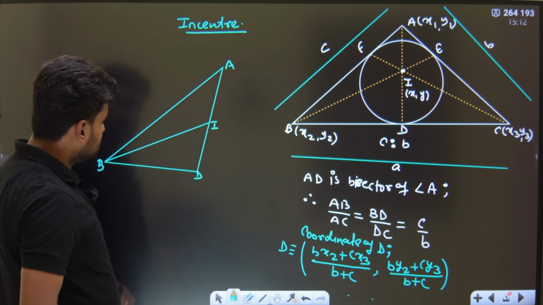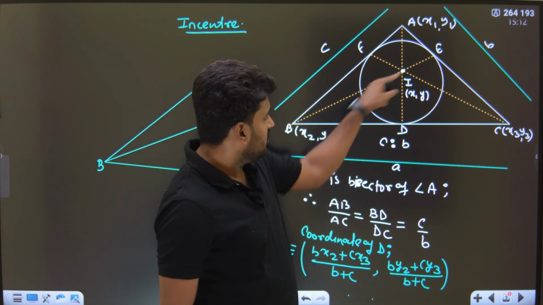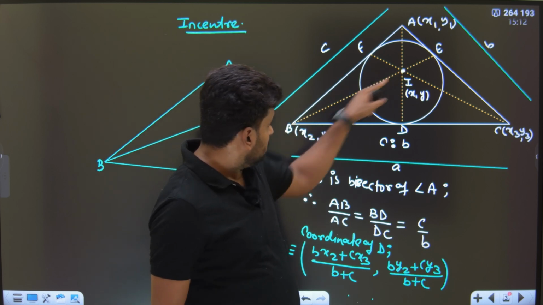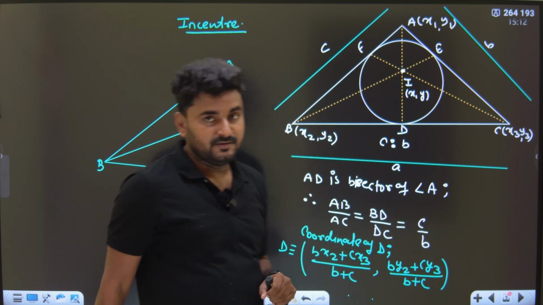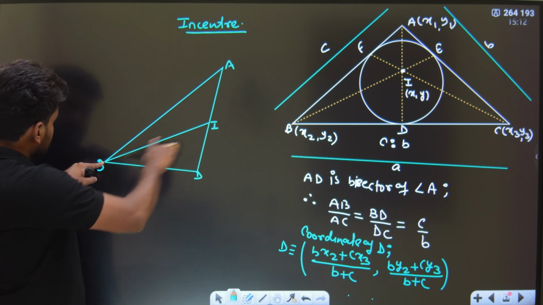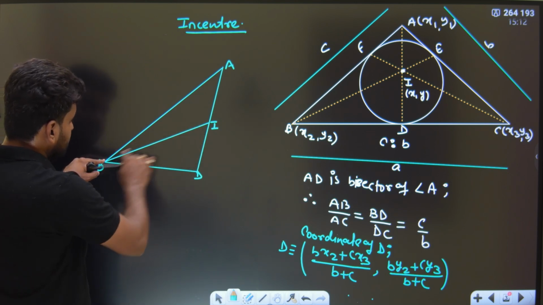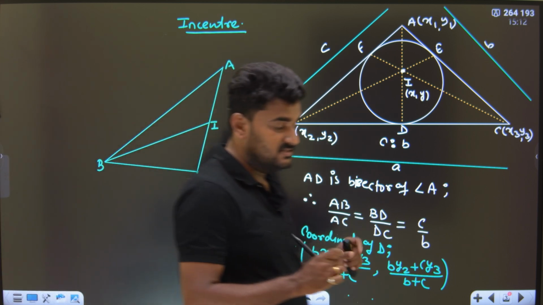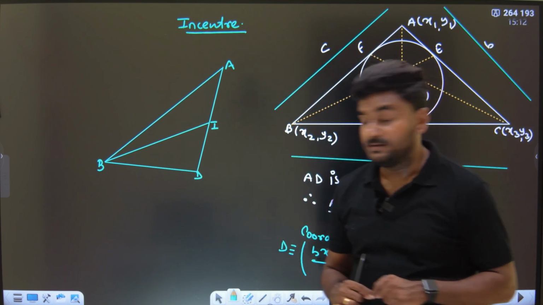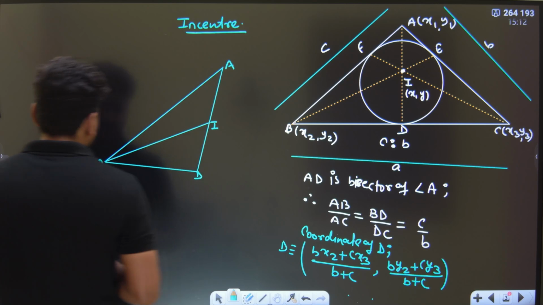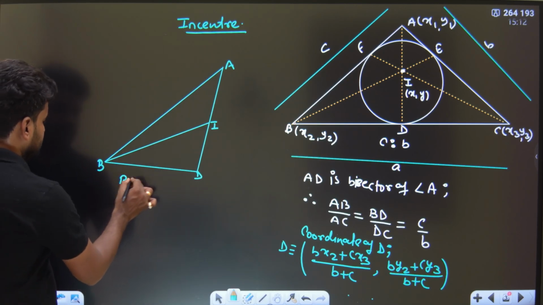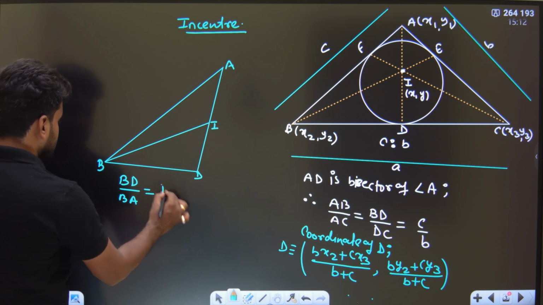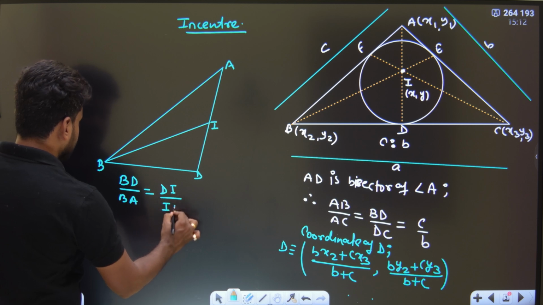You can see that this BI or BE is also an internal bisector of angle B. The line segment BI is the internal bisector of angle B. So we can again use the ratio BD upon BA equals DI upon IA.